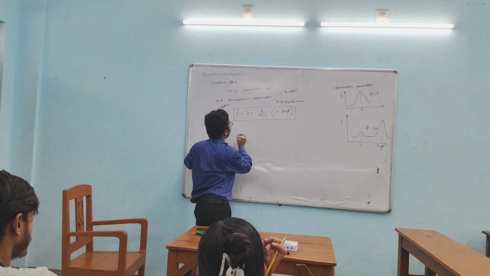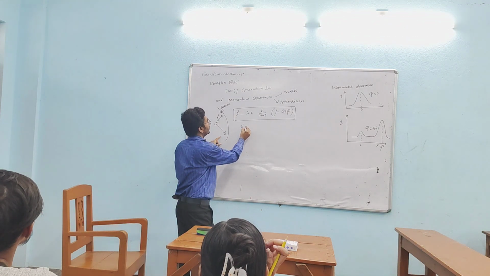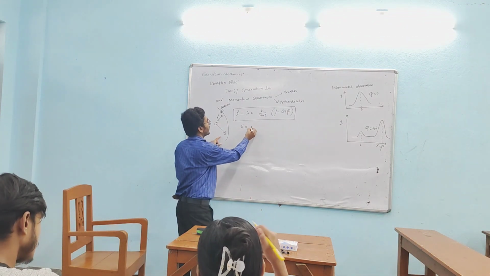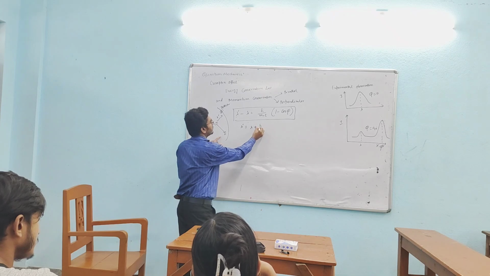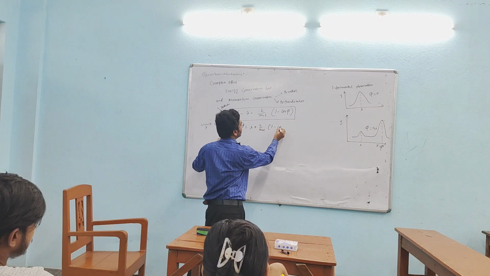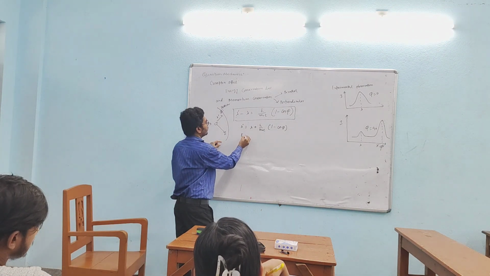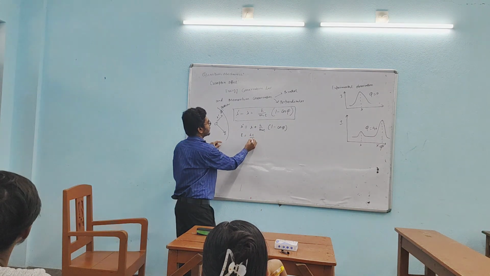If you get this lambda dash from this picture, then you can calculate the energy of the scattered photon, hc by lambda dash.